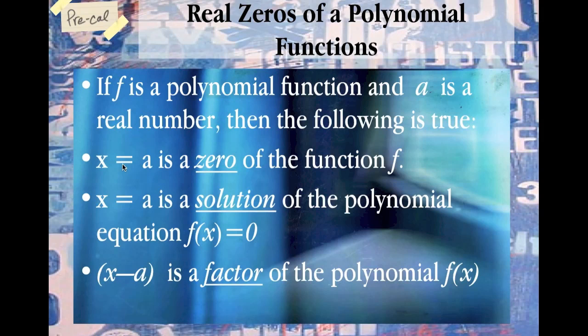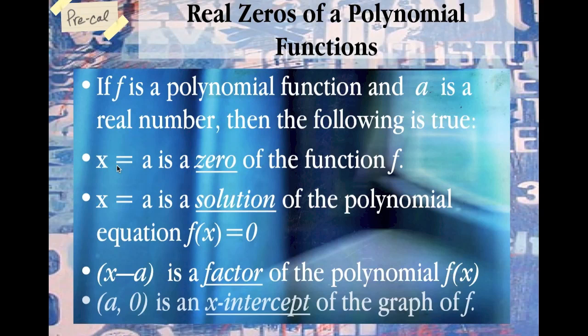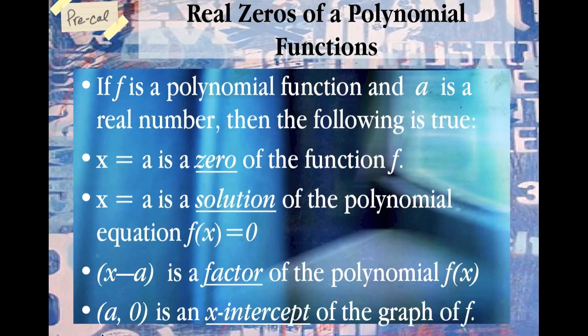Roots can be synonymous with 0, and we'll be using those interchangeably lately. A comma 0 is always an x-intercept, and the key connection here, x-intercepts and zeros are exactly the same thing, except I write an x-intercept as a coordinate. I write a 0 as this. Make note of that.